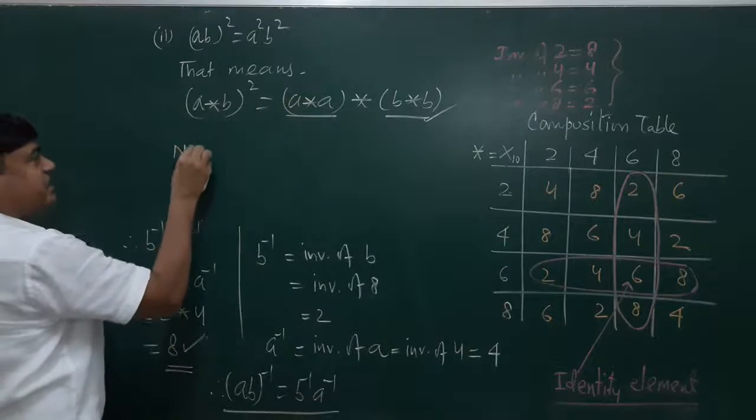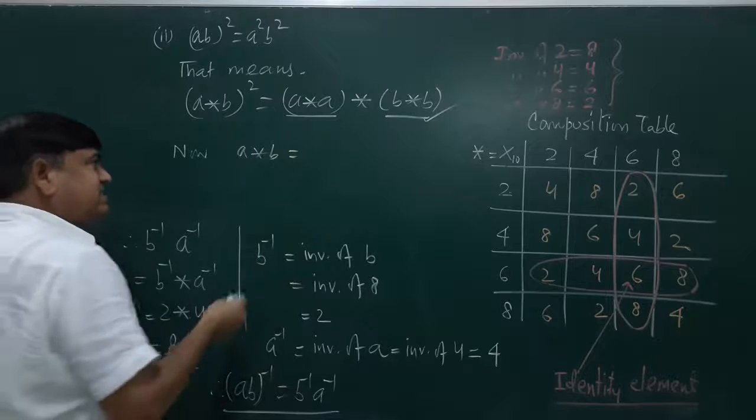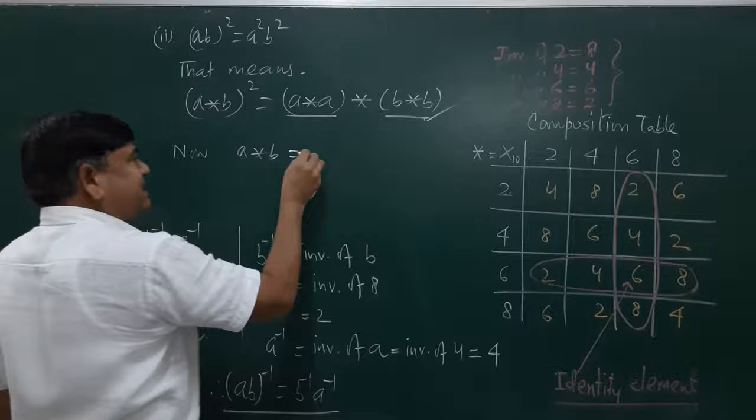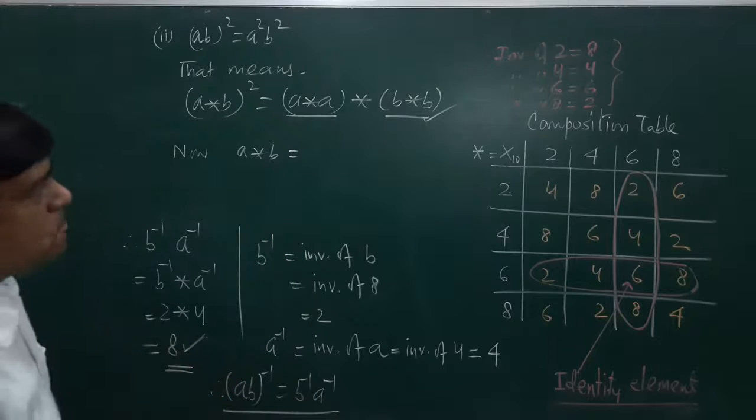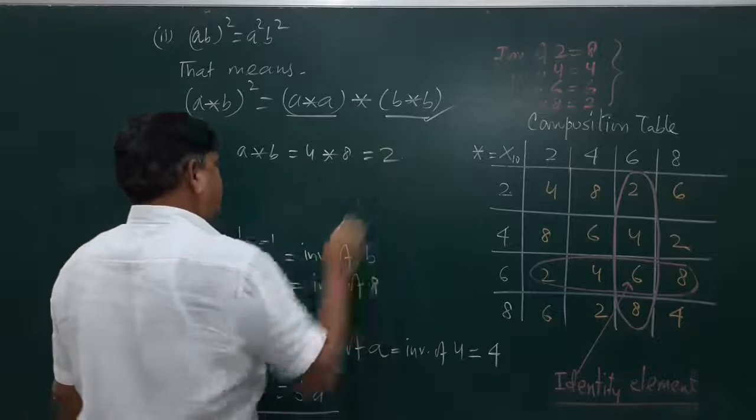Now, first we calculate A asterisk B. What is A asterisk B? A means 4, B means 8, so the answer is 2.